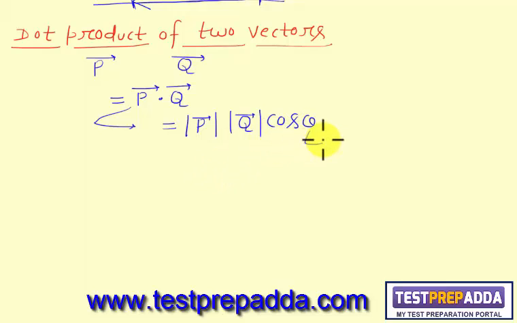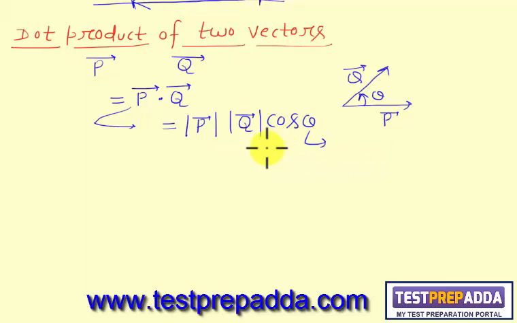What is theta? Theta is the angle between the two vectors. As I told you earlier, it is the angle between the tails of the two vectors, vector P, vector Q.